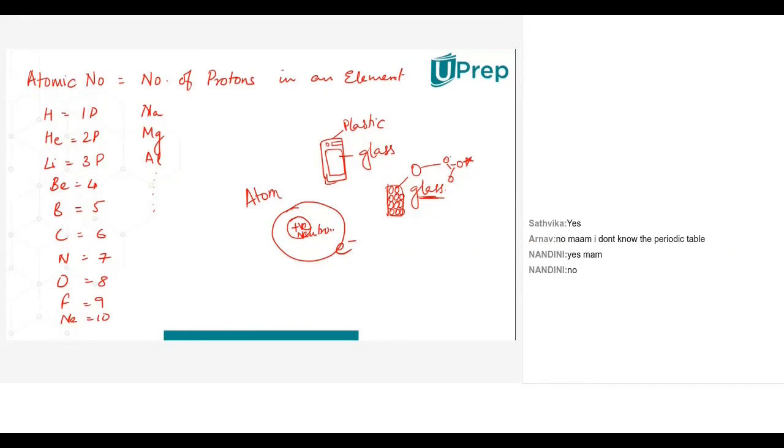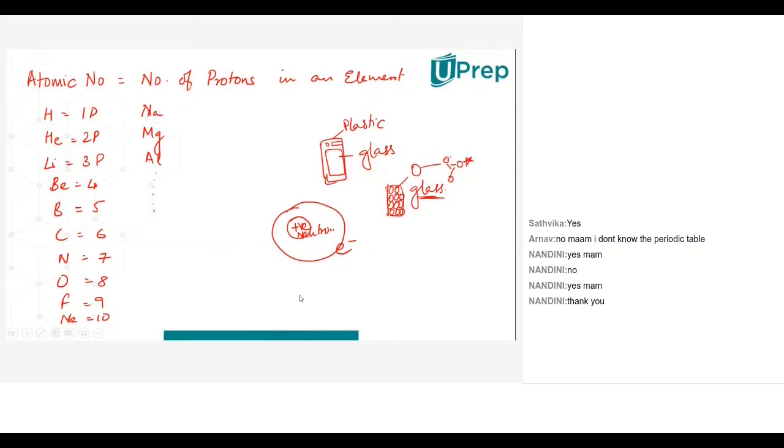Now the structure of an atom looks like this. It has protons, which are positively charged, and neutrons inside the nucleus like the sun, and electrons revolving around the nucleus like planets revolve around the sun. Does that make sense, Nandini? Okay, no problem.